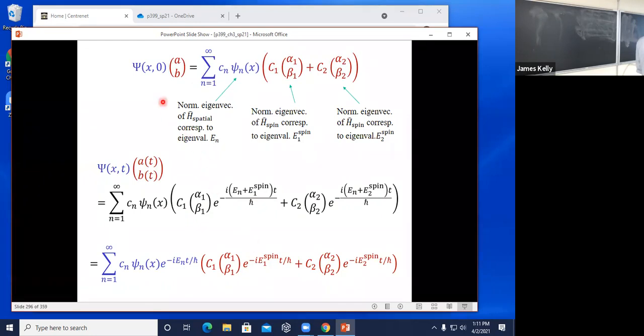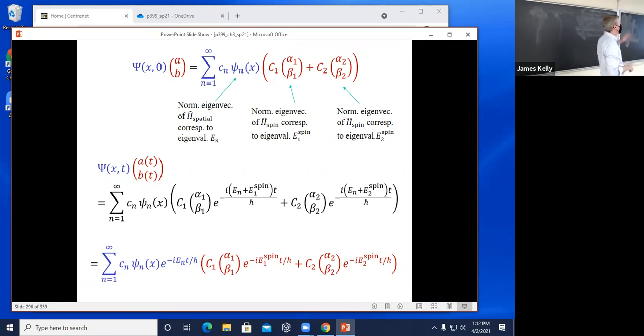Notice I've put the spatial stuff here in blue, and I've put the kind of spin descriptions in red here, right? So here's what it is at time t equals 0. The red stuff is the spin state at time t equals 0. How do I get the spin state at time t? Well, what I do is just take the spin state at time t equals 0 and multiply by just e to the minus i E t over h bar, where E is the corresponding spin eigenvalue to that eigenvector that we found up there. And same thing for the second term.